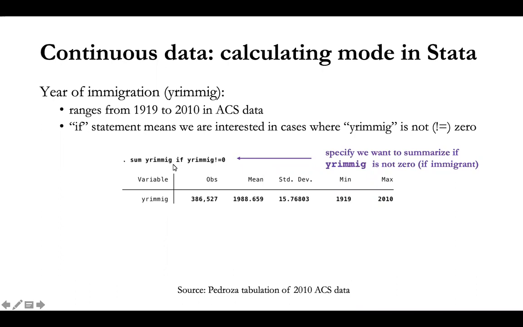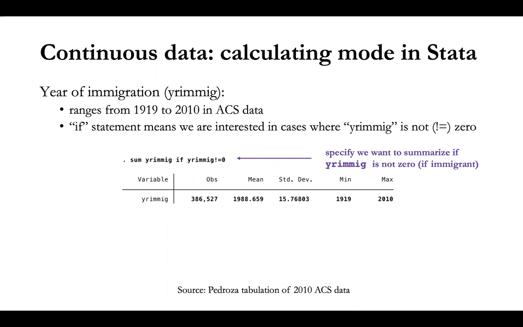Very handy. It's going to help us be more specific with what we want the data output to tabulate or summarize. We're interested in cases where this variable is not 0. Exclamation point equal sign is another way of saying is not 0. So if year of immigration is not 0, that means we're only looking at immigrants, because 0 is assigned to people who were born in the US. Why?